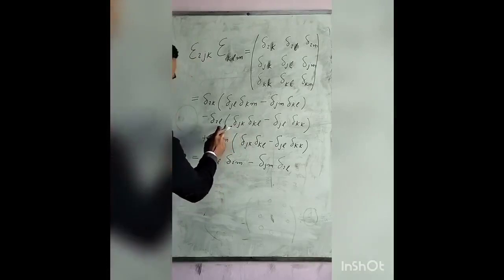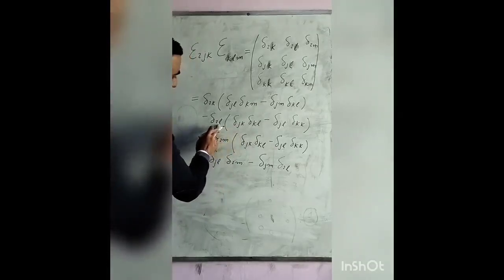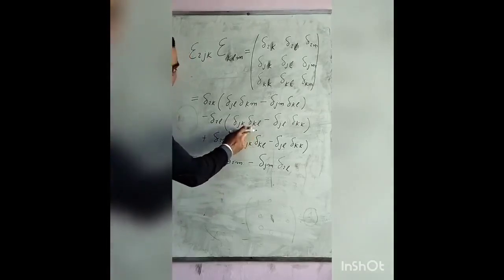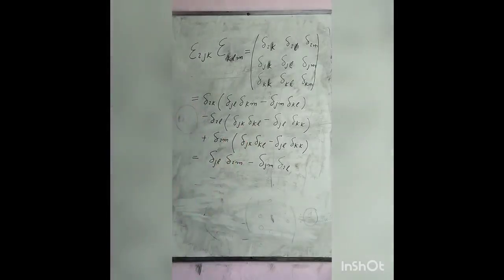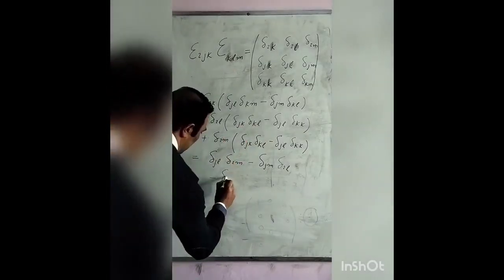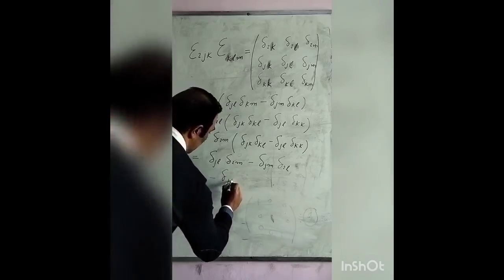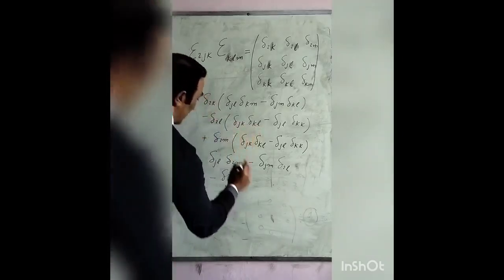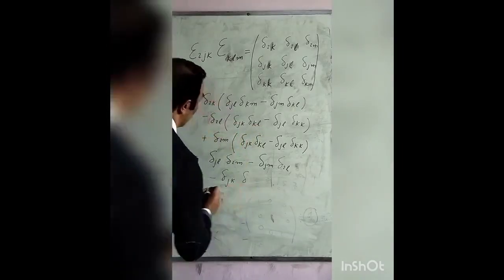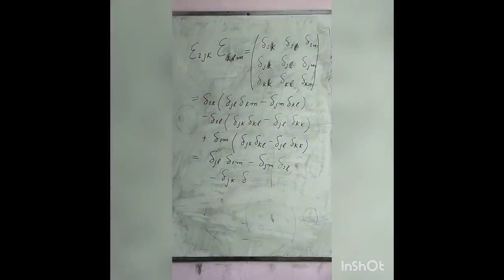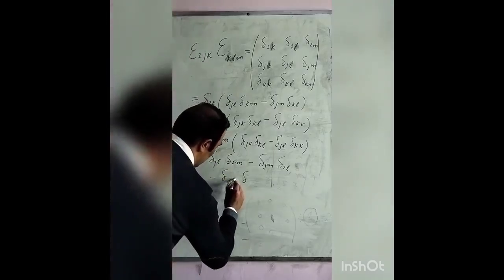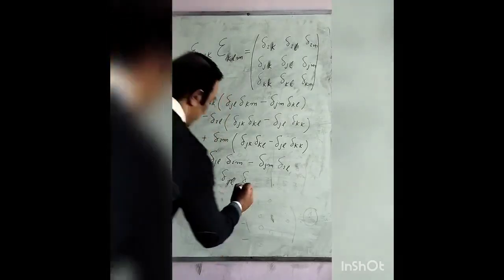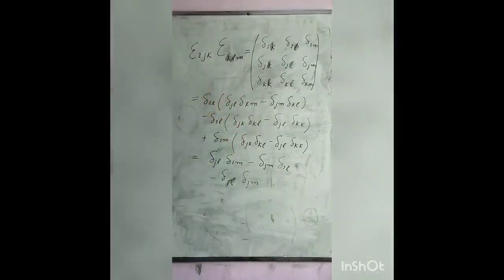Now let's have a look at the next term. When i equal to l, but l is further equal to m, k, instead of this you can write minus delta jk, but k is equal to l, so you can write delta il delta j.